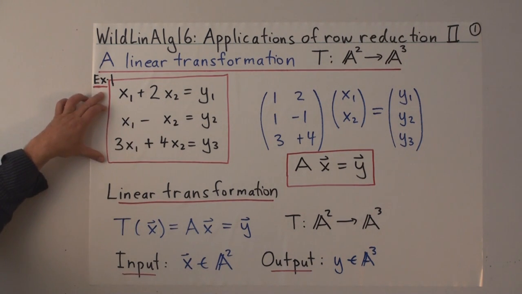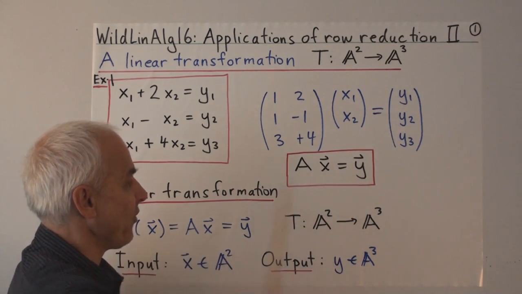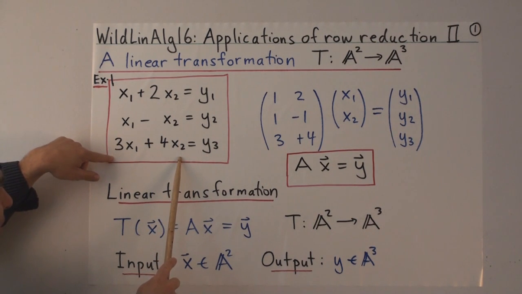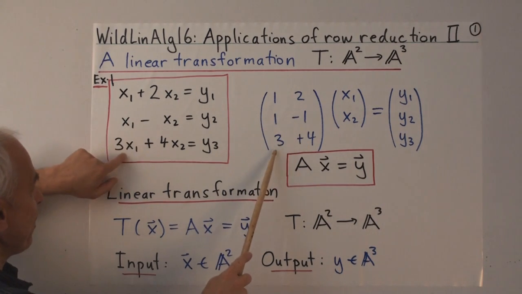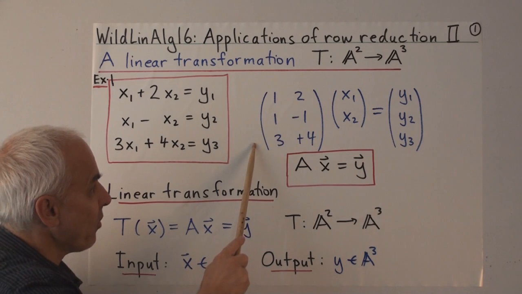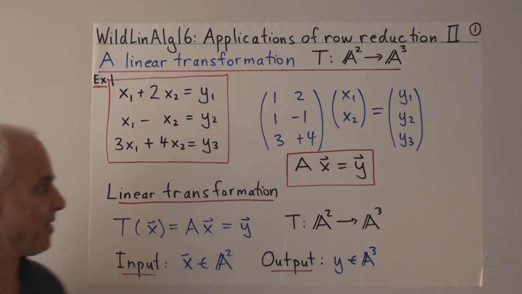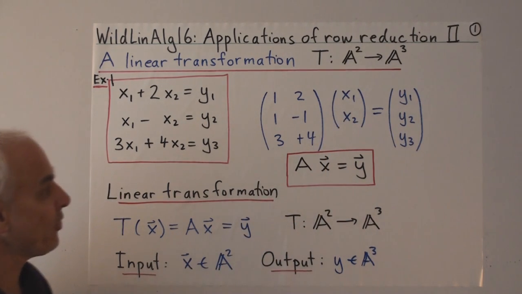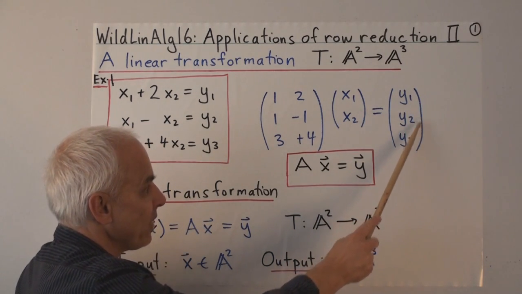Now this linear system can be rewritten in matrix form, in the Ax equals y form, by taking the matrix of coefficients over here, the matrix 1, 2, 1, minus 1, 3, 4, which is a matrix with 3 rows and 2 columns. So we say it's a 3 by 2 matrix. Multiplying it by the vector x1, x2, and then equaling the right-hand side is the vector y1, y2, y3.